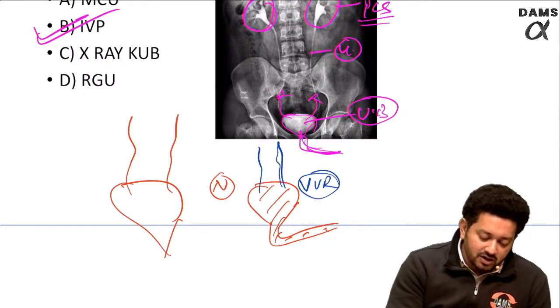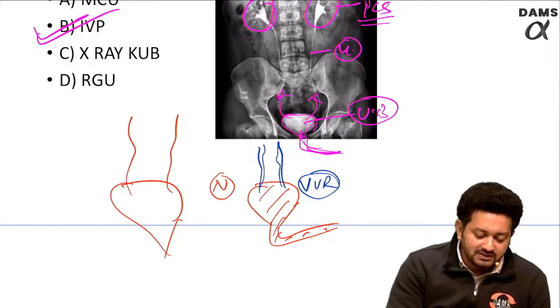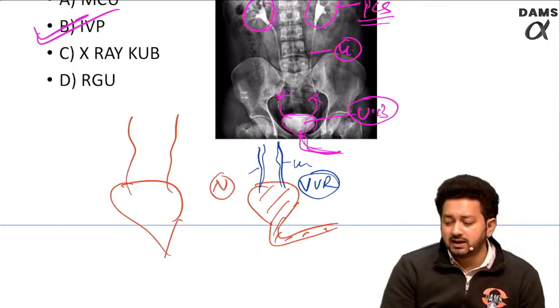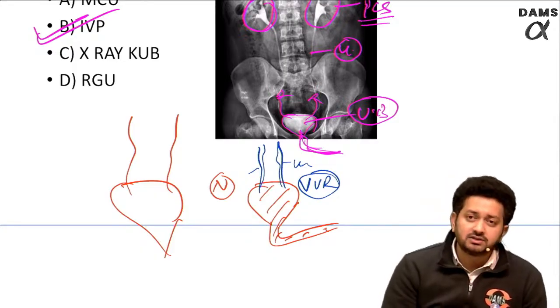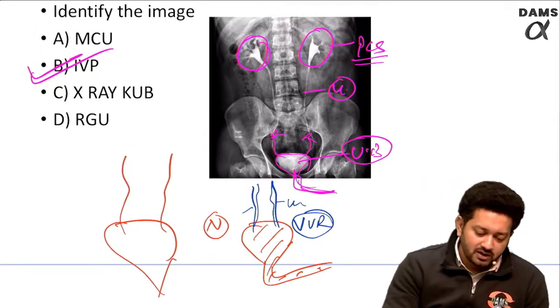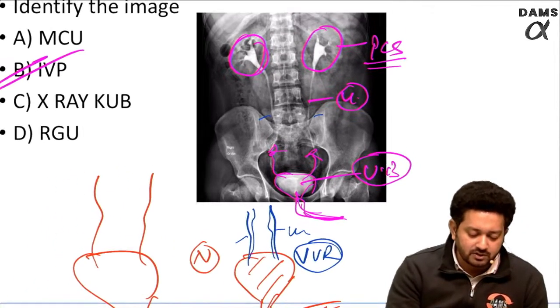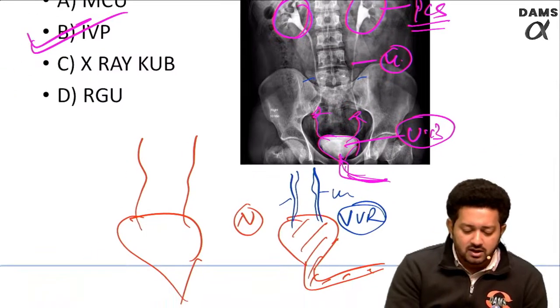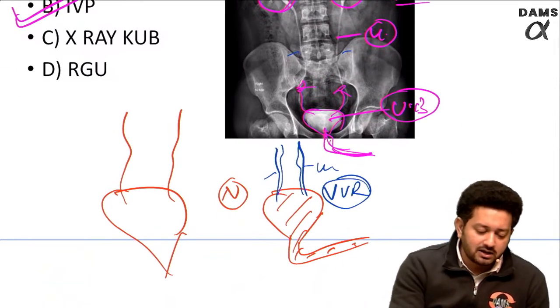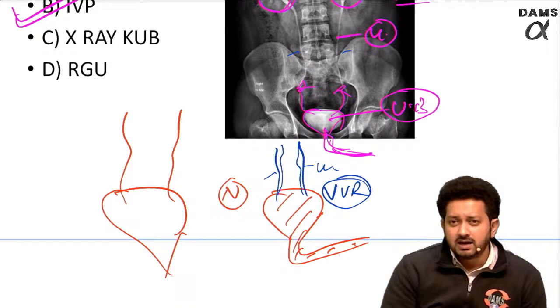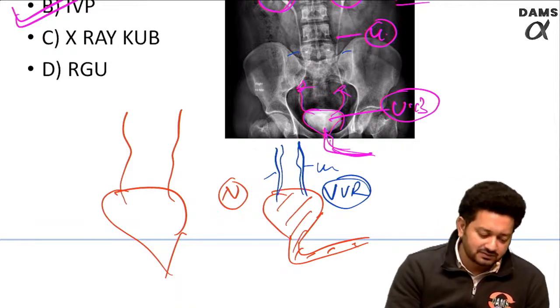And in vesicoureteric reflux, many times you will see the ureter is dilated, the pelvic calyceal system is dilated. So that's why it is not micturating cystourethrogram. You can see the things are non-dilated, absolutely okay, very thin. So it is a non-dilated system, and they have not mentioned that this investigation was done after filling the bladder. So that's why it is IVP.